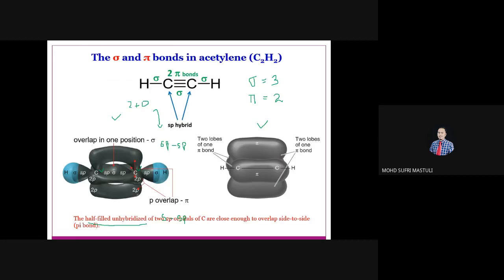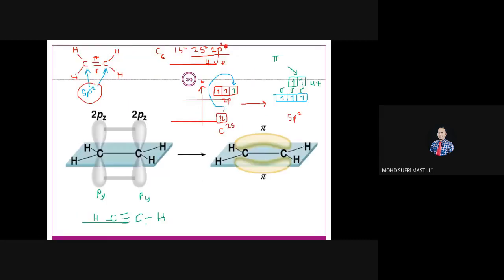Okay. So how to show the energy diagram? Same as what we did here. The unhybridized carbon orbitals are involved in the formation of the pi component.